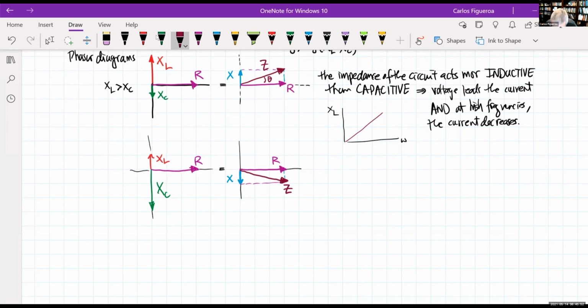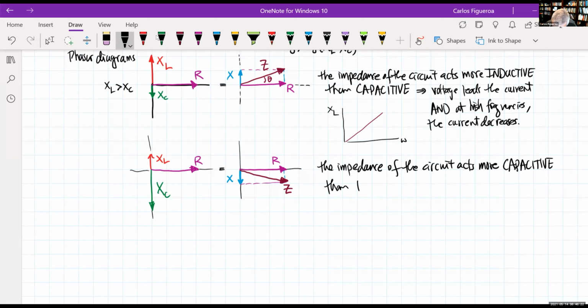Because it's pointed along the direction of the reactance of the capacitor, that tells us that the impedance of the circuit acts more capacitive than inductive.